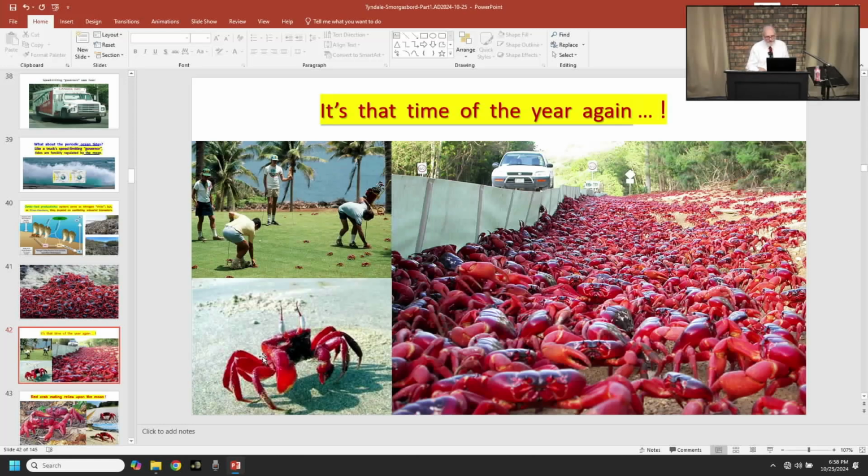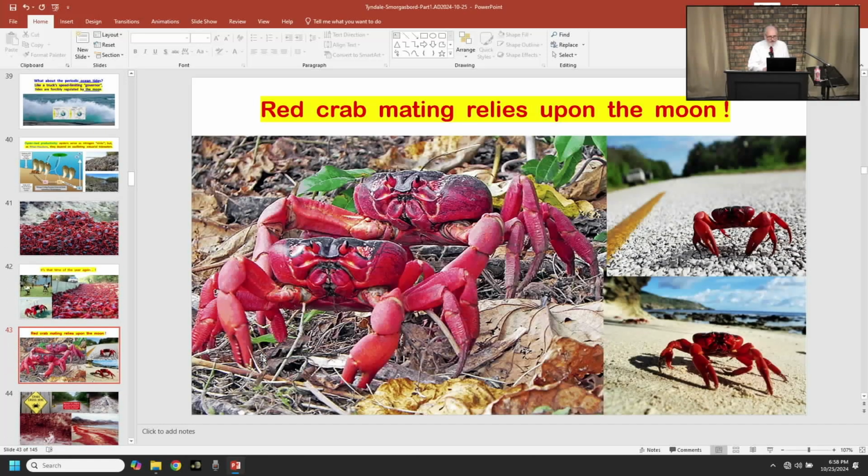If there's a roadway, well, hopefully there's a protective fence to keep them from getting on the road. Otherwise, a lot of them get cracked and flat tires happen. So they rely on the cycles of the moon to know when to go to the shore to reproduce. And then, like I say, the next generation gets plopped into the tide waters, gets washed out to sea for, I forget how many days.